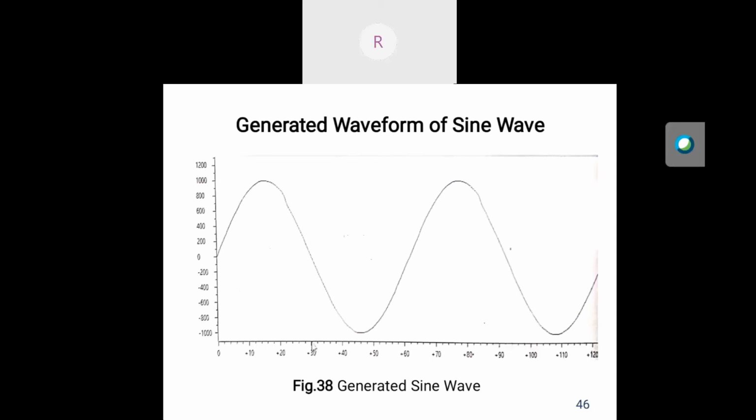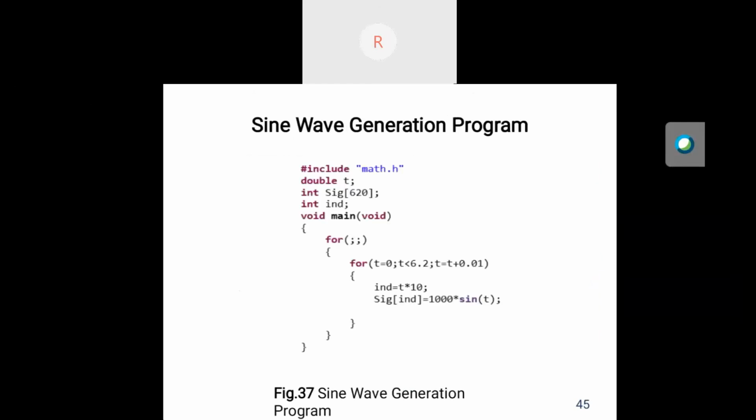Are these in seconds or milliseconds? 10 milliseconds or 10 seconds? Yes, sir, this value is in milliseconds. Millisecond. So let's say you want to change the frequency, then go to that program part before page 45. Let's say you want to change the frequency of that signal, then how will you change it?